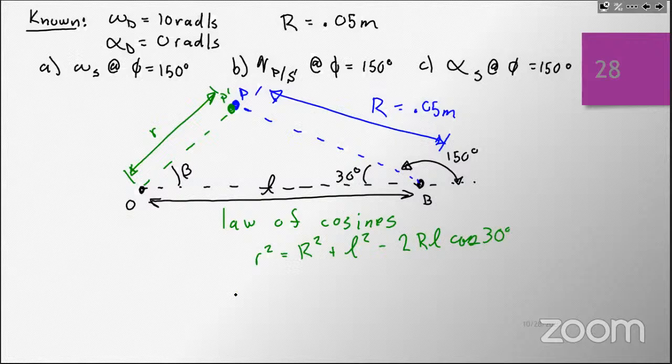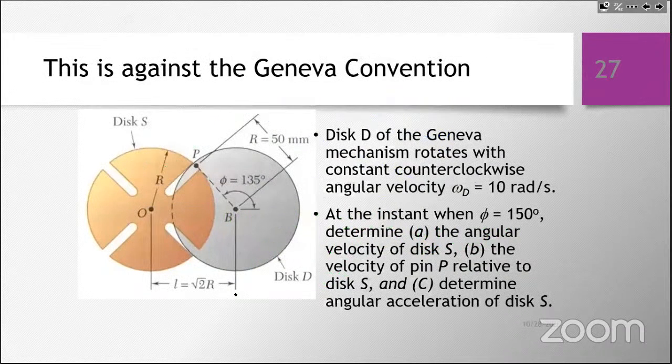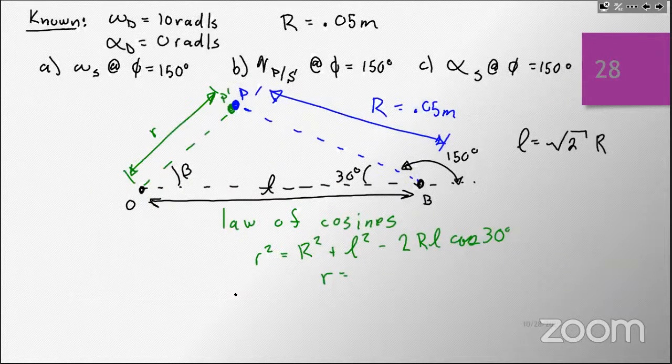We can plug in all these things. What was L? Good question. L is equal to the square root of 2 times R. How did we know that? Magic? No, we were told. It's literally given to us. I made it up, guys. So we plug it, we chug it, and we get that this is 37.1 millimeters.